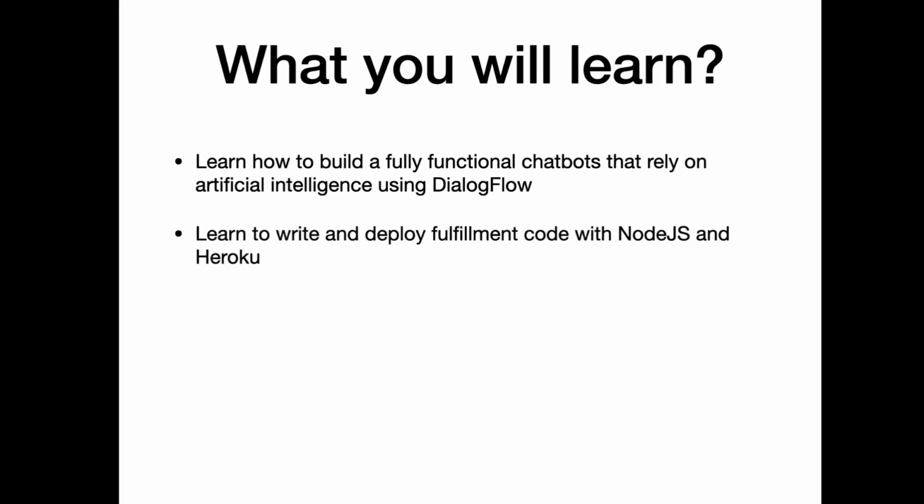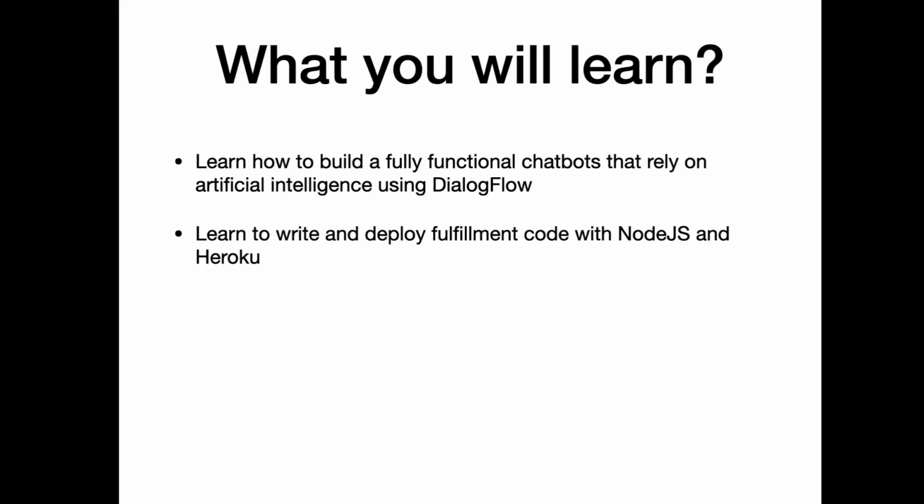So we're going to be learning to write and deploy fulfillment code. So there is coding in this module. Coding is essential to make the chatbot do something functional. Now it so happens that this chatbot and most chatbot frameworks rely on JavaScript, specifically a platform called Node.js, which is a very popular platform now.